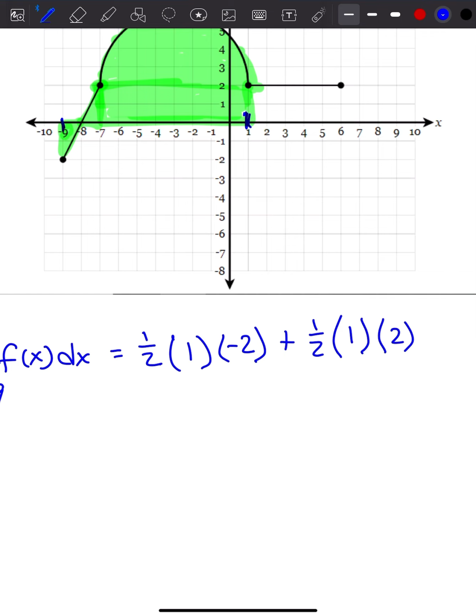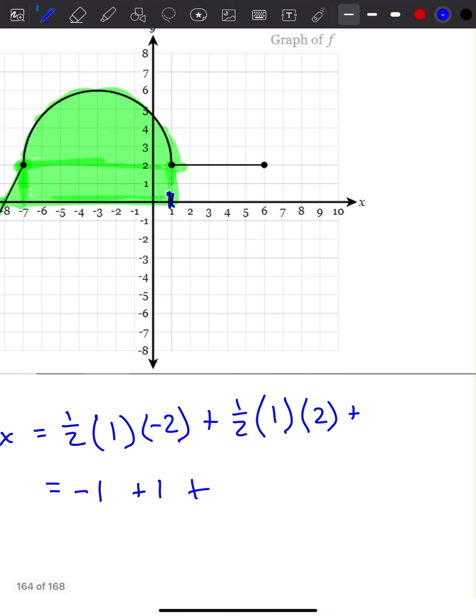So just looking at these two, I know that those are going to cancel each other out. So if I were to simplify what I have so far, we have -1 plus 1. So that's going to go away.